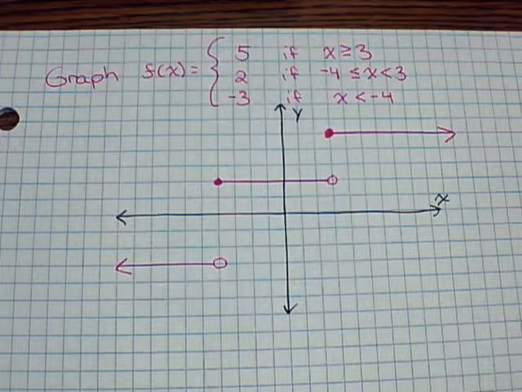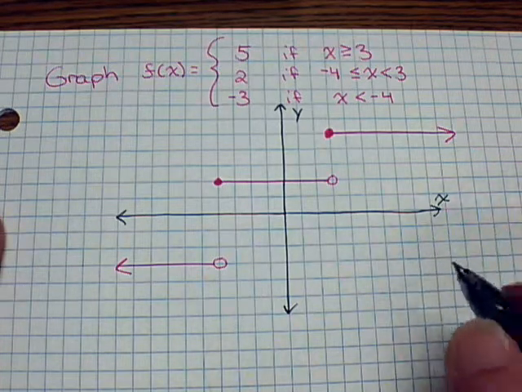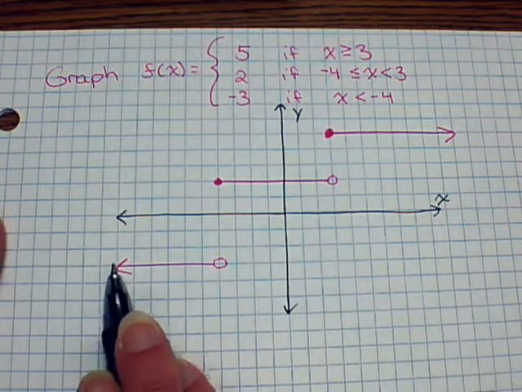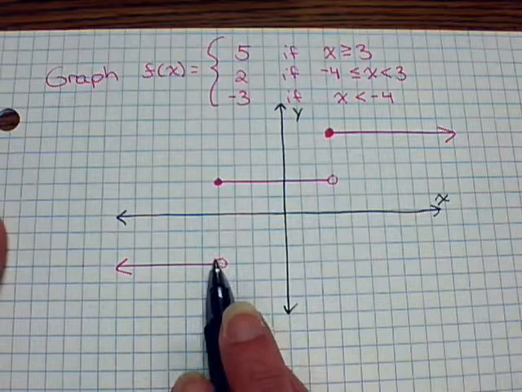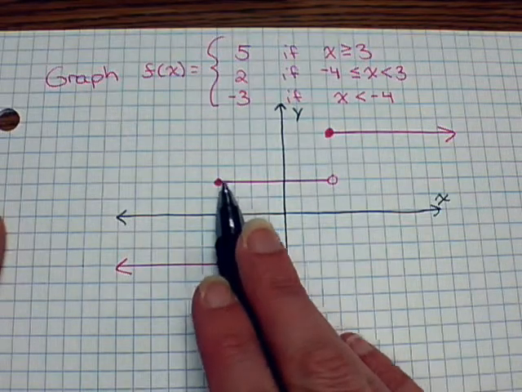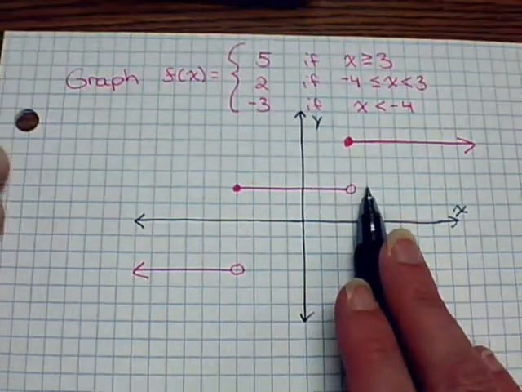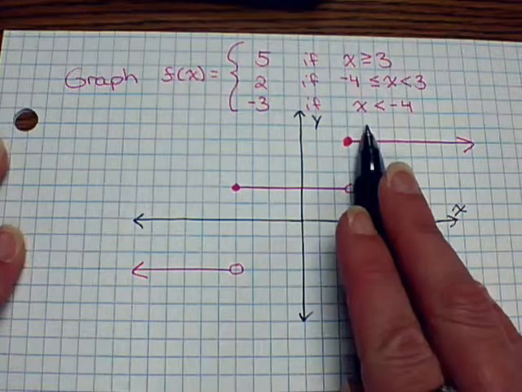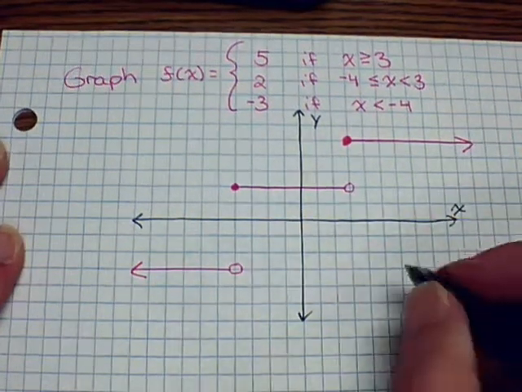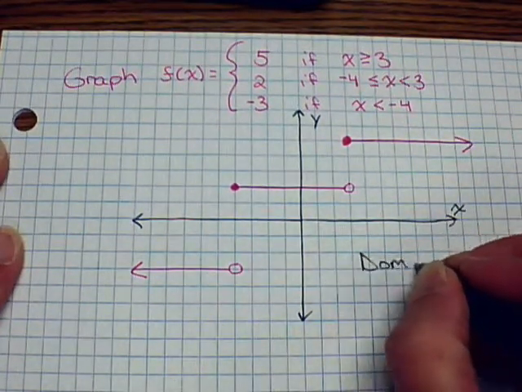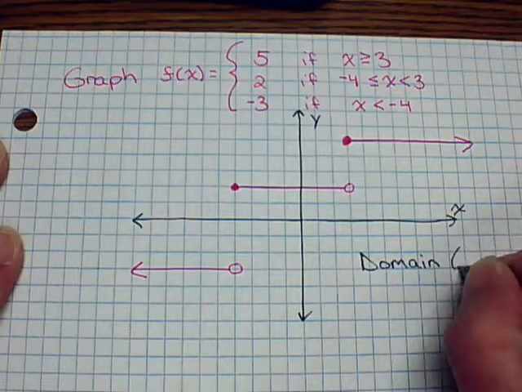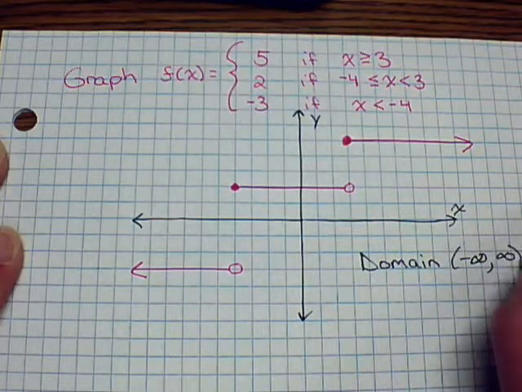Now, the domain of this step function, our x values, goes from -infinity. Looks like there might be a break, but no, it jumps up. Comes over here, and it jumps up. And then it goes on that way. So our domain would be -infinity to infinity.